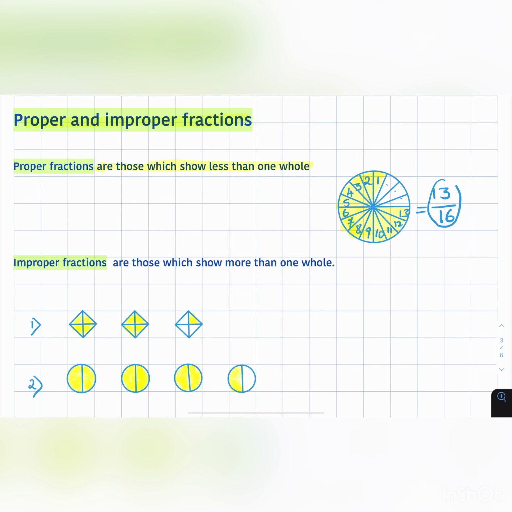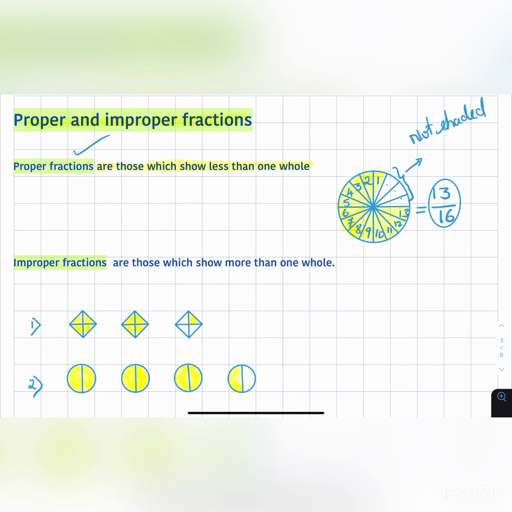So this is the fraction which is called a proper fraction, which is always less than one whole. Then how many parts are not shaded? The not shaded fraction will be 3 out of 16, right? So 3 out of 16 is not shaded.